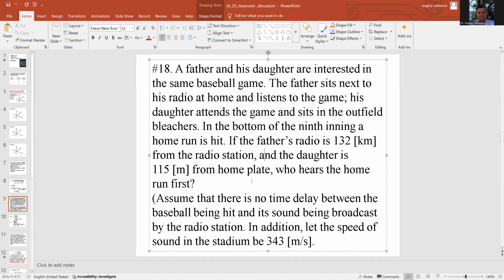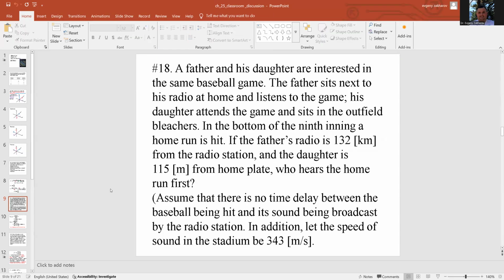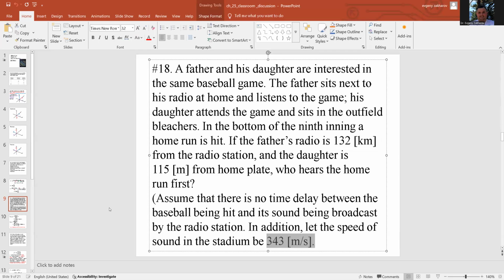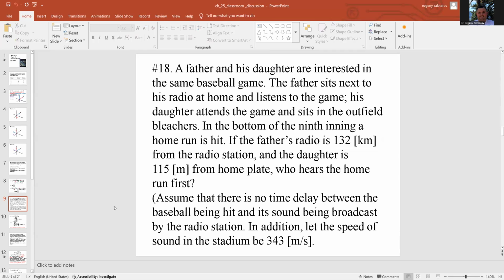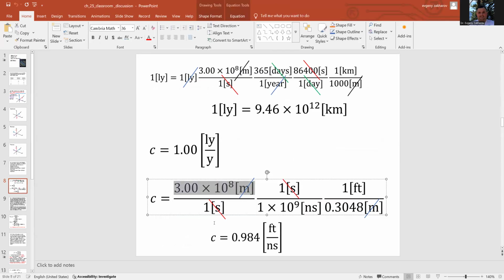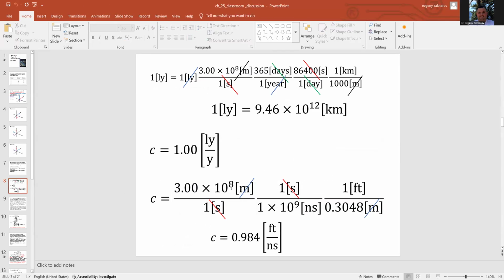who hears the home run first, even if you're 100 kilometers away, but on the radio, with the radio station, or 100 meters away, but in live attendance, and it's just the sound that you hear. Speed of sound is 340 something meters per second, and speed of light, we already know, it's 3 times 10 to the power of 8 meters per second.